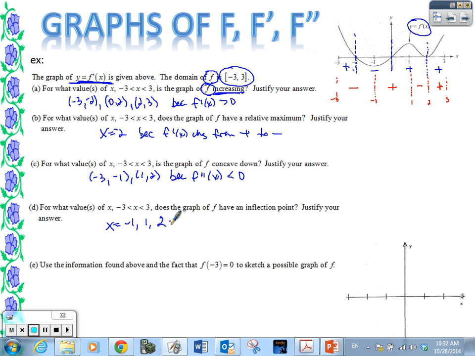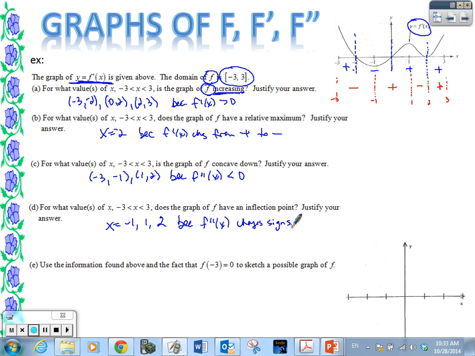Okay, so those are our inflection points, and the reason? Because f double prime of x changes signs. Now at this location you can just say changes signs because we're doing both, right? Positive. And does it really matter? Do we have a different kind of point of inflection if we go from negative to positive? They're just points of inflection, right? So it's okay to just say it changes signs.